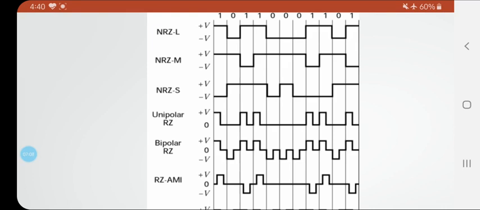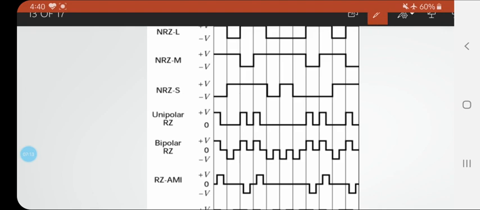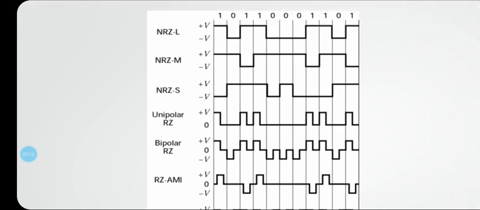NRZ-L is mainly used in digital logic circuits. We have this NRZ-L represented here.